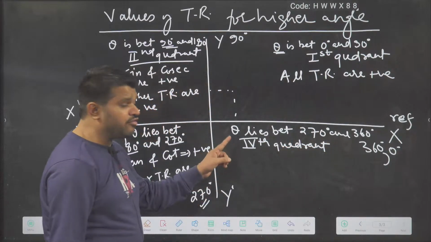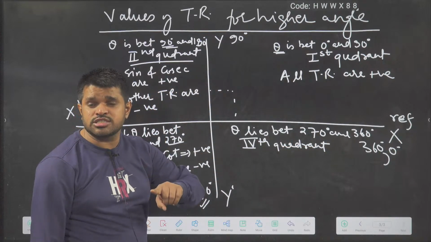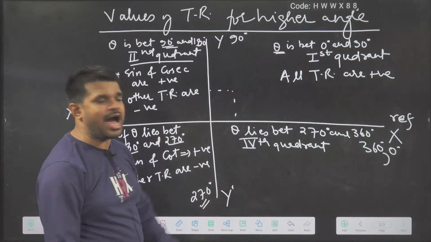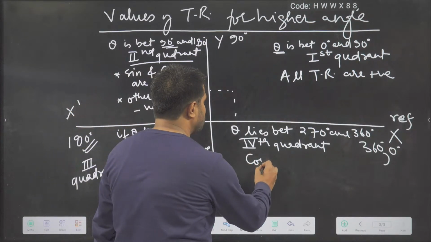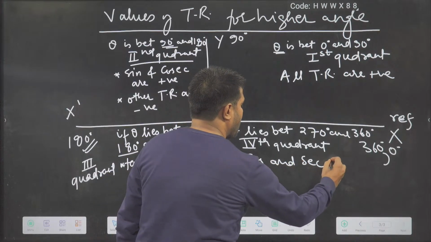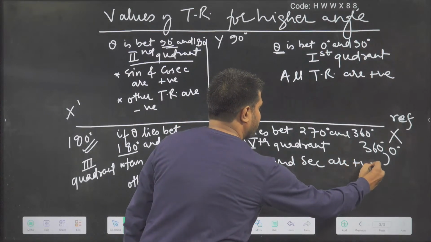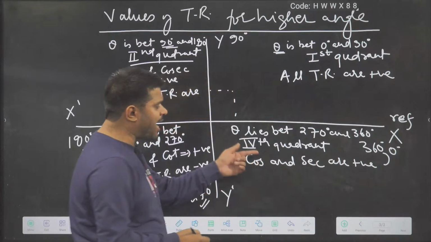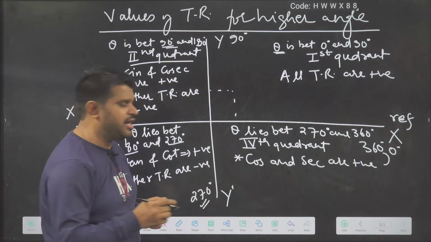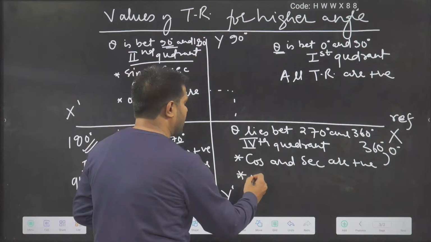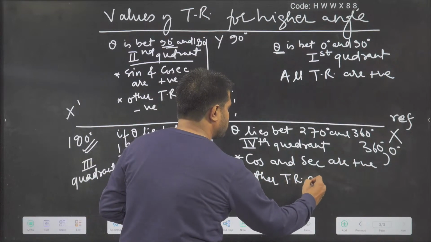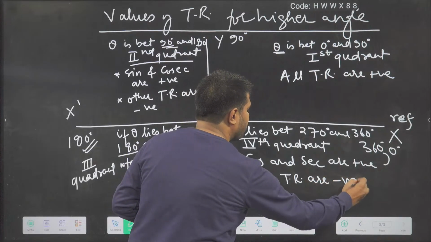And in the fourth quadrant, cos and the reciprocal of cos, that is sec, are positive. If cos and sec are positive, the other four trigonometric ratios are negative.